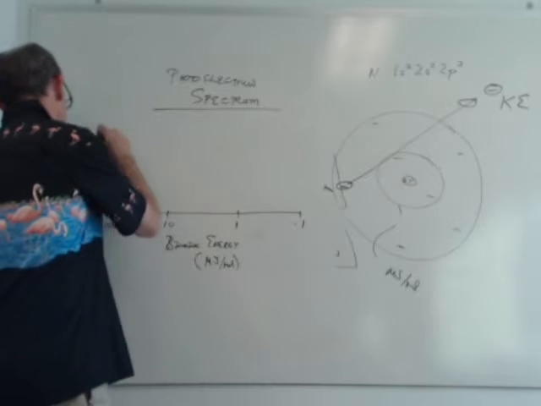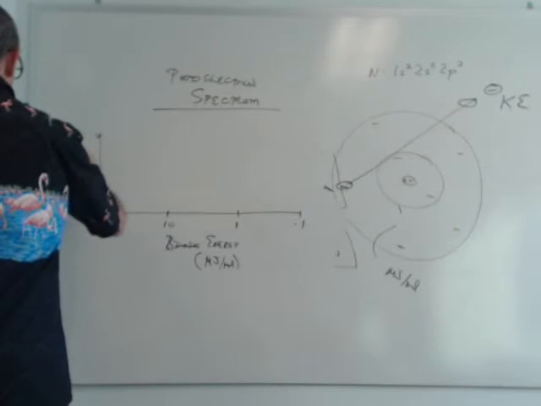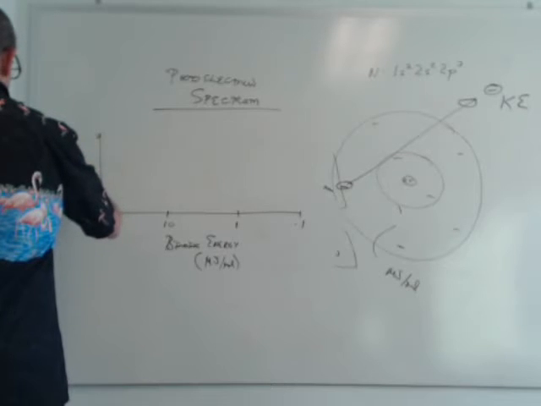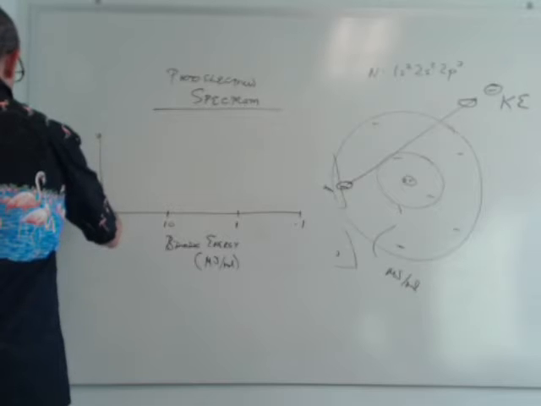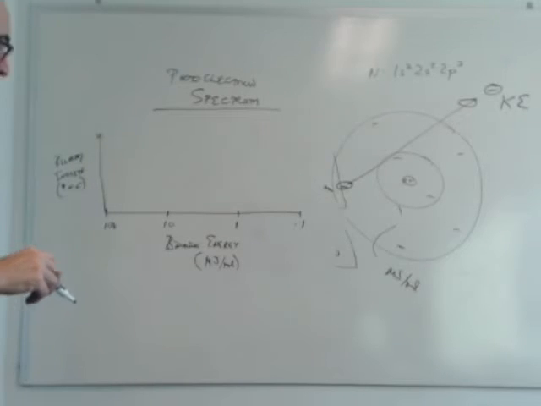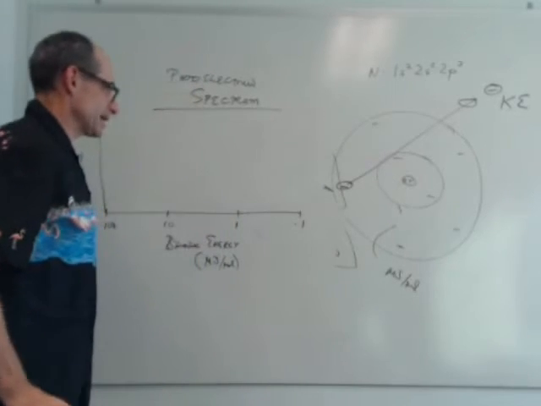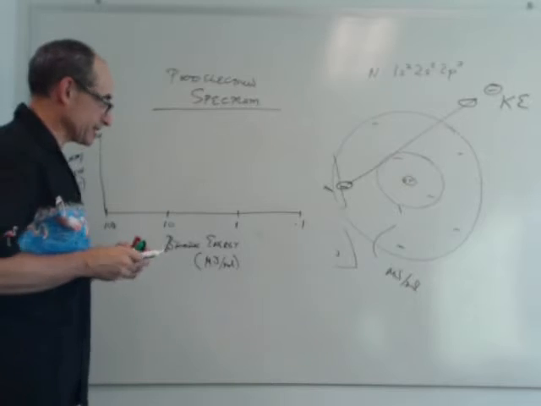And then on the vertical axis, we'll see the relative intensity, which is related to the number of electrons in that energy level in the sample. So if we had a sample of nitrogen, we would expect to see 3 peaks.